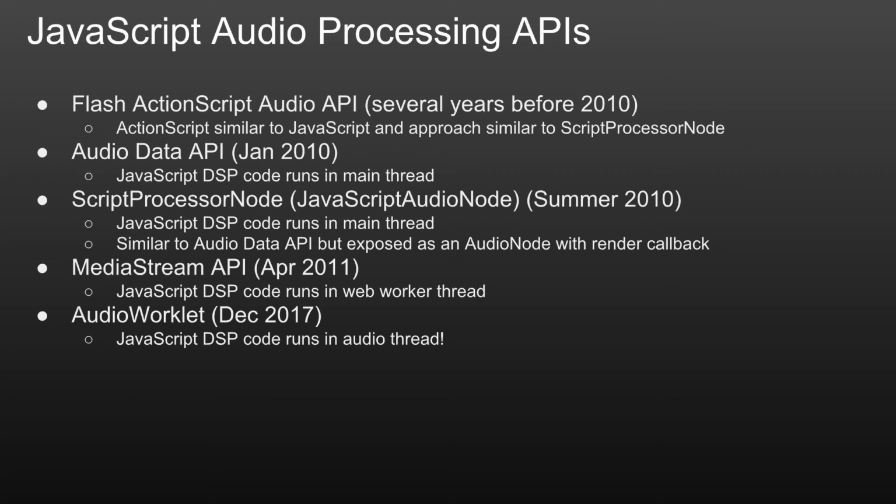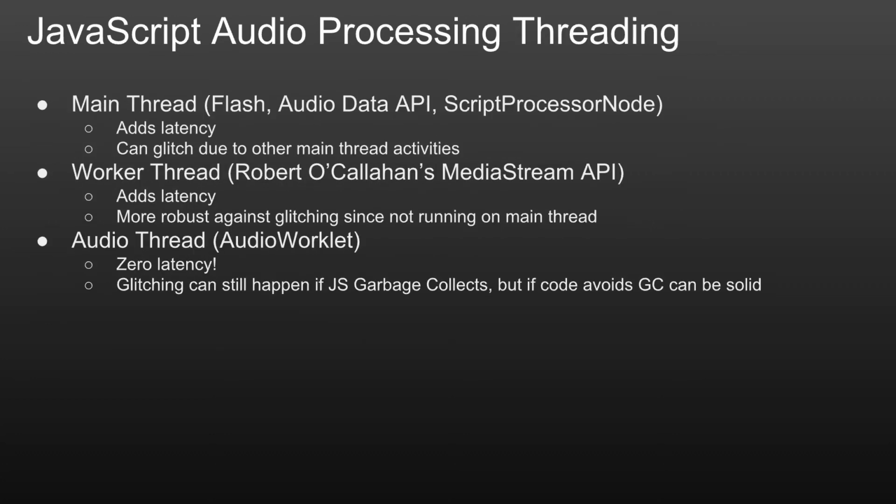And audio worklet is supposed to run in the audio thread. Although I've just recently heard it's also not running in the audio thread, it's running in another thread. But it's still much more resilient to glitching. So this is just showing the different threading and glitching types of ramifications of these different APIs.